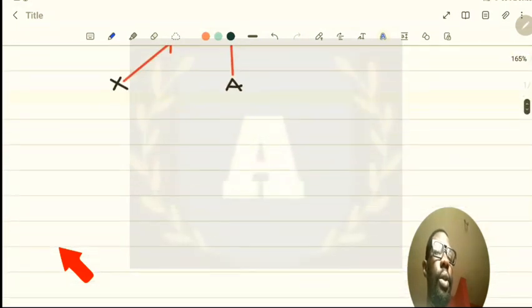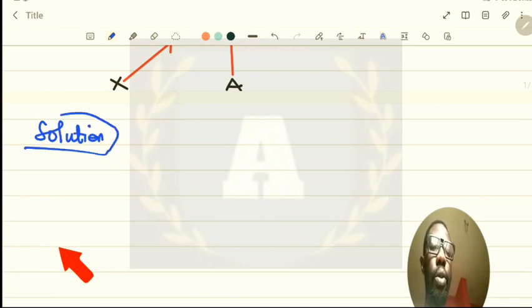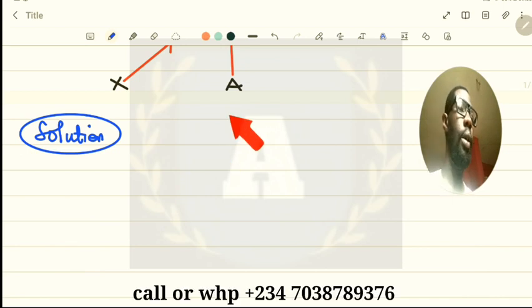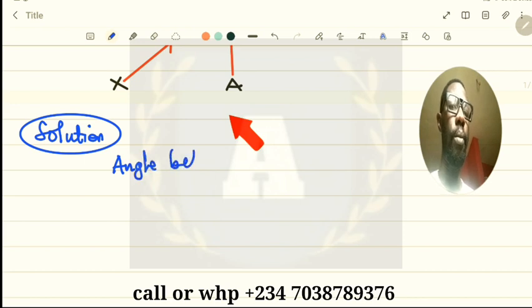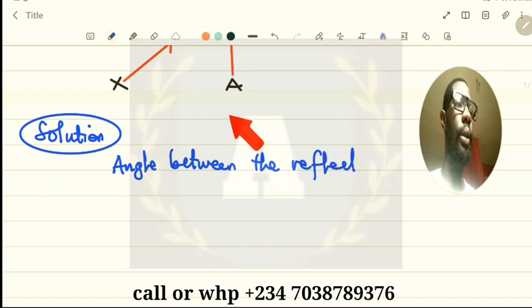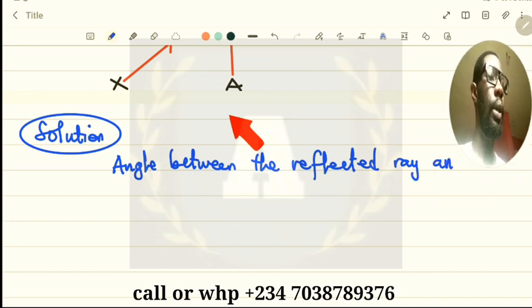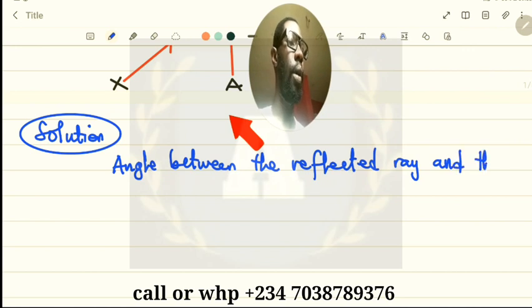So the solution to that: the angle it is going to make with the normal is the angle between the reflected ray and the normal.